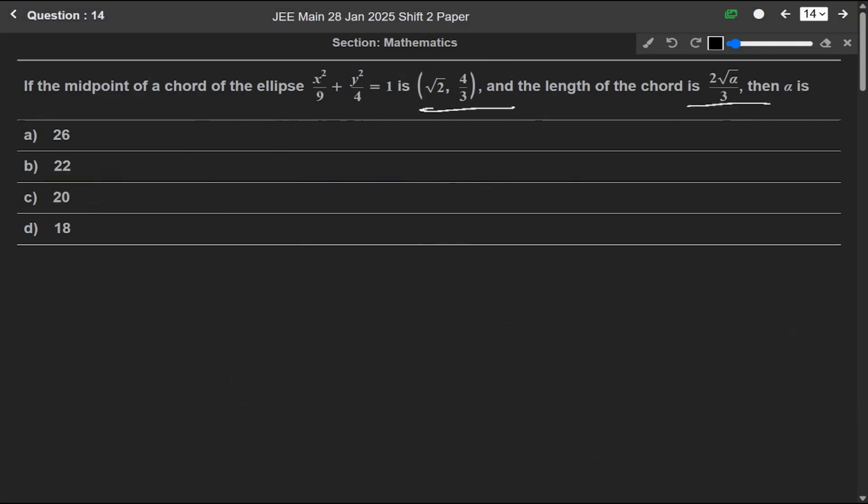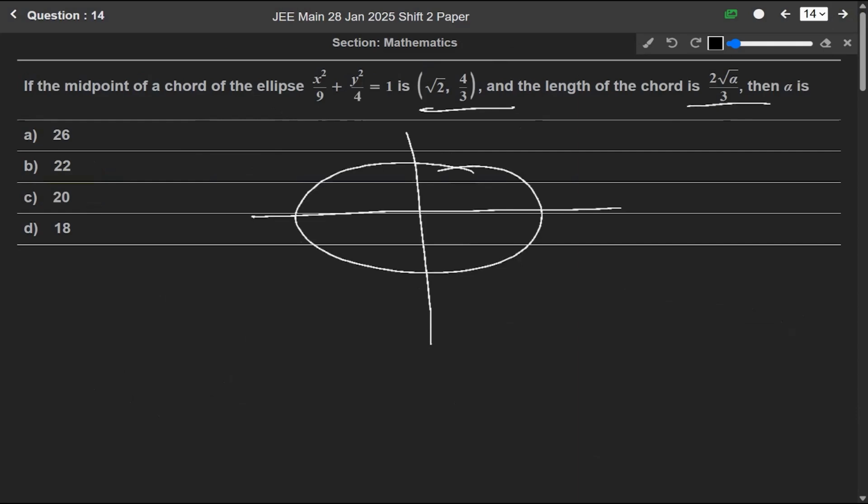So this is the ellipse, with points minus 3 comma 0, 3 comma 0, 0 comma minus 2, and 0 comma 2.